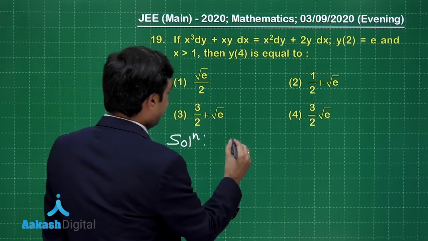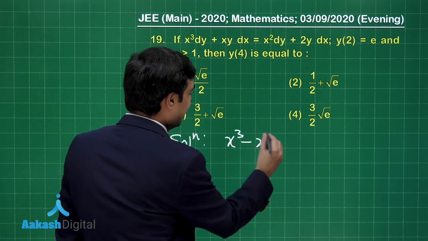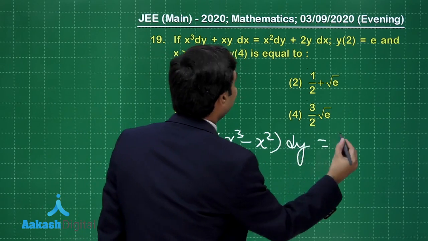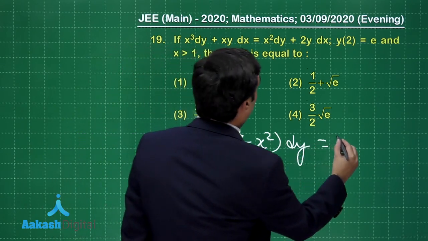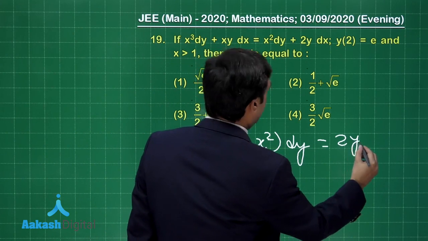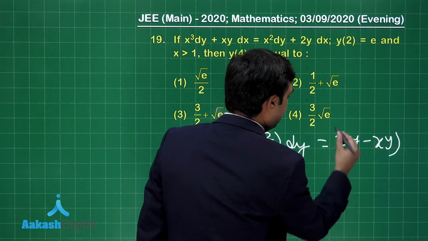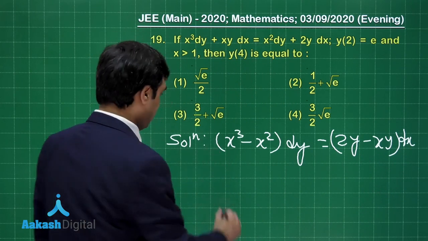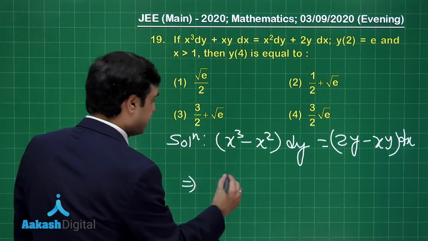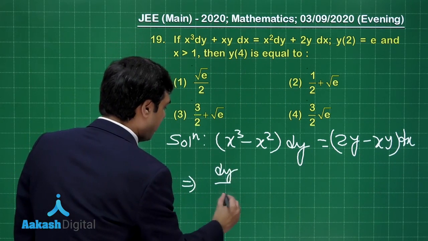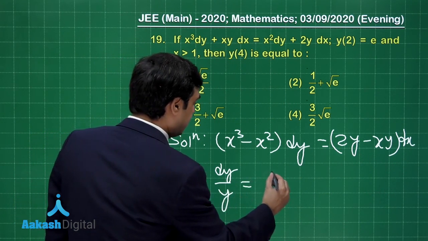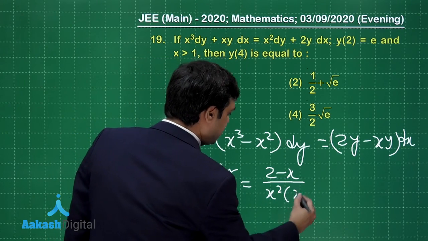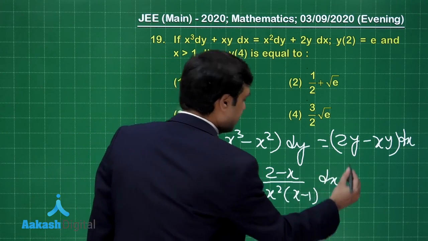We can rewrite it as x cube minus x squared dy is equal to 2y minus xy dx, so that we can see it is clearly variable separable. This implies that dy upon y is equal to 2 minus x upon x square into x minus 1 dx.